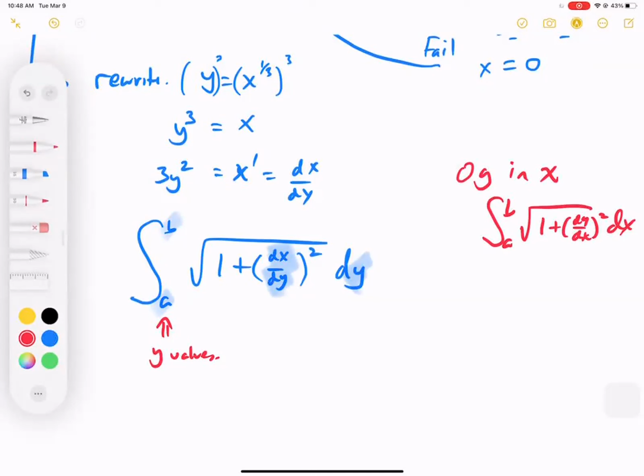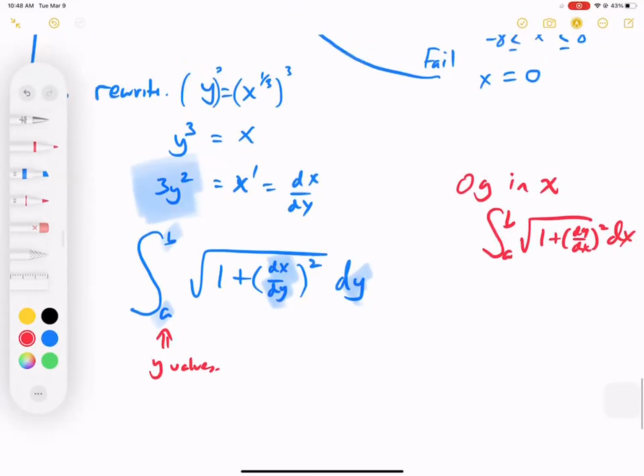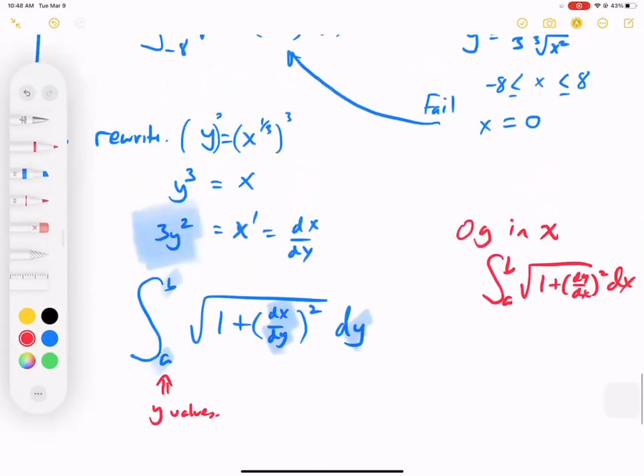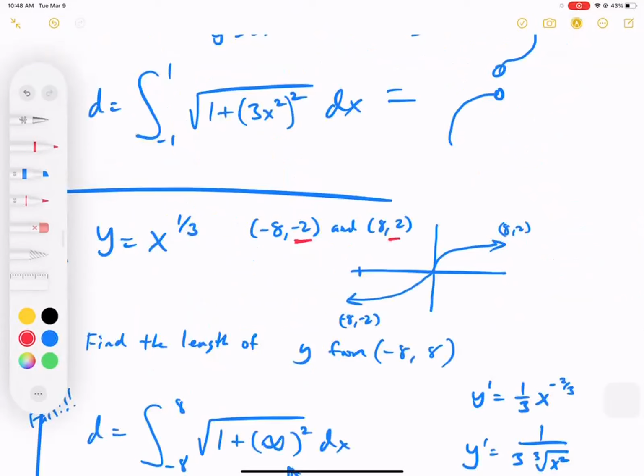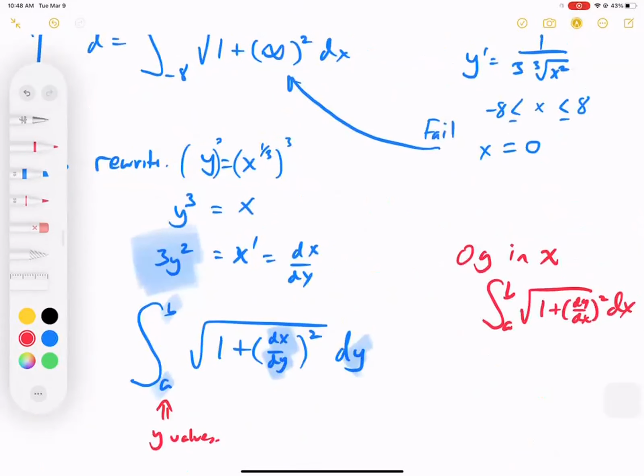Now let me ask you about this derivative here. Are there any values that don't work for 3y squared? Well, let's look at our y's. Remember, our y values are between -2 and 2. Does this derivative exist between -2 and 2?